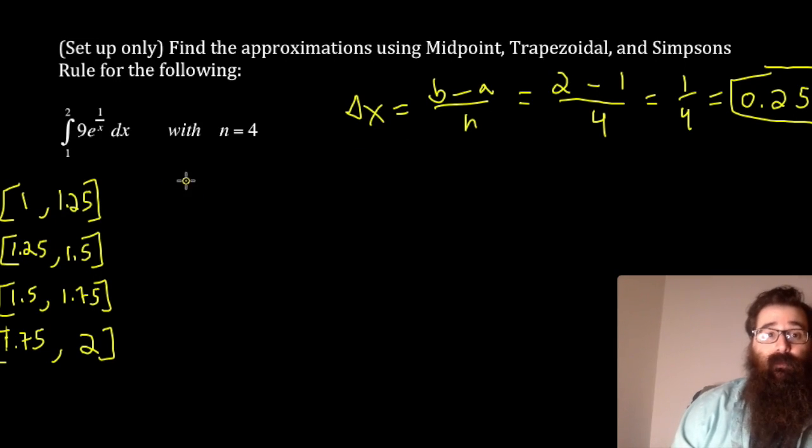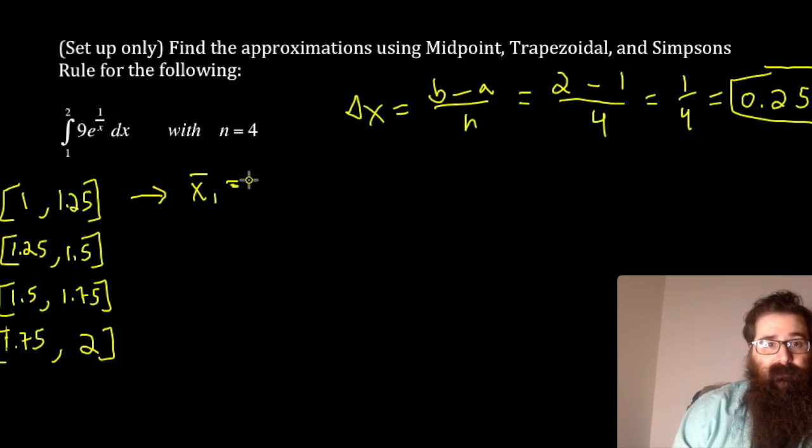Now for midpoint rule, I'm going to need midpoints. So here I want to find the midpoints of each subinterval. I'm going to label these x1 bar and so on and so forth. So the first midpoint, halfway between 1 and 1.25, is going to be 1.125.